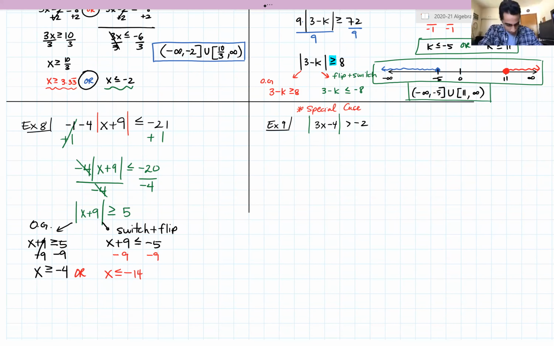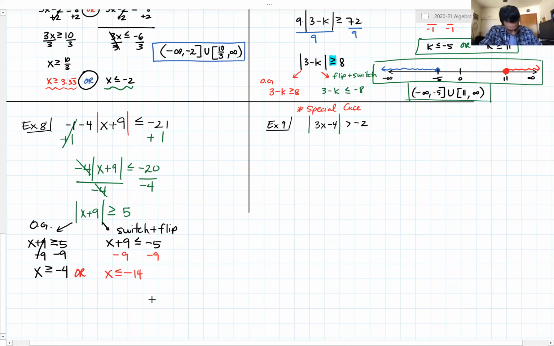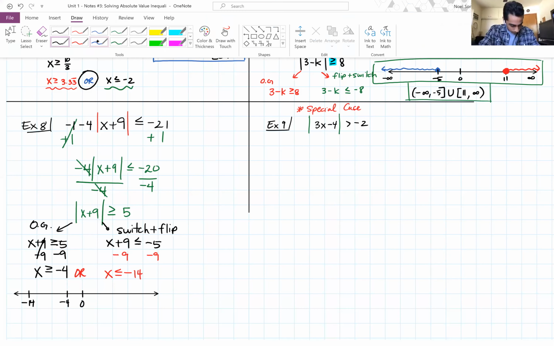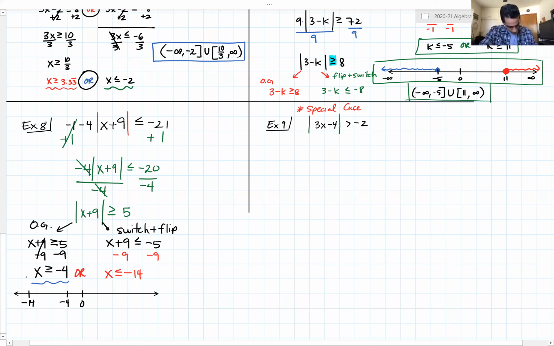Okay. So let's finish up here by graphing. There's 0. We'll call this -4. And then -14 a little further down. All right. So for x greater than or equal to -4, we have a closed circle, and we want to shade over to the right.